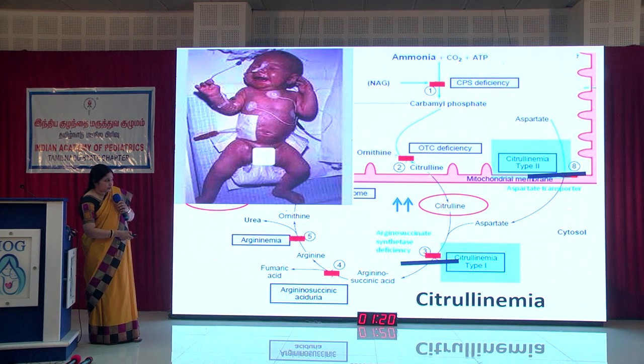When the mitochondrial transporter which transports aspartate into the cytoplasm, needed for this reaction, is deficient, what is the transporter here? Citrin is a transporter. When this is defective, it is called citrullinemia type 2. In both these conditions, citrulline levels are very much increased.